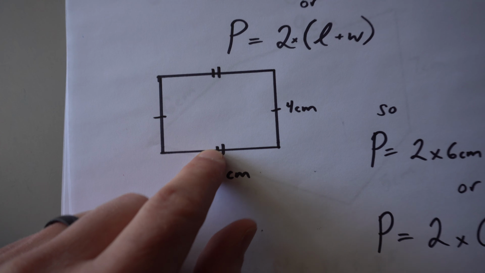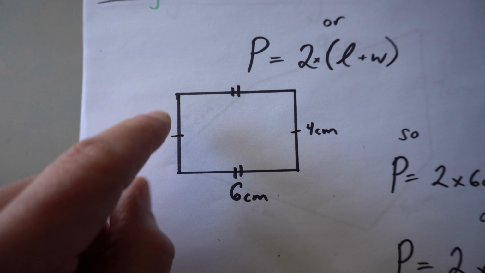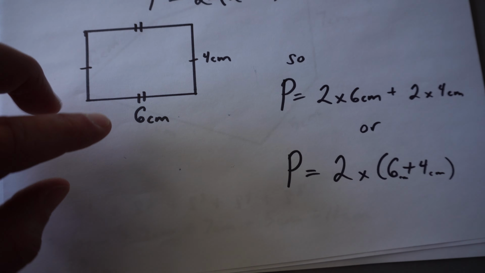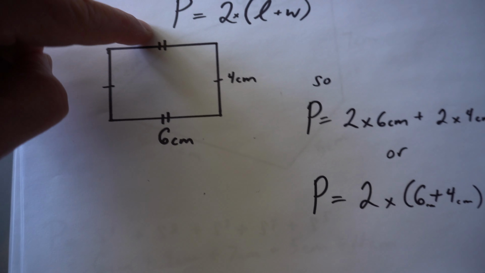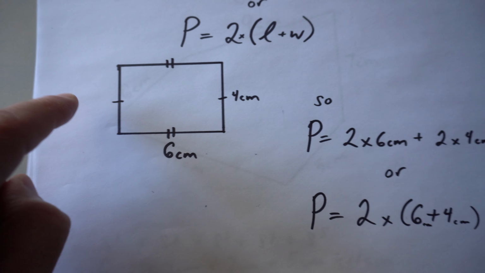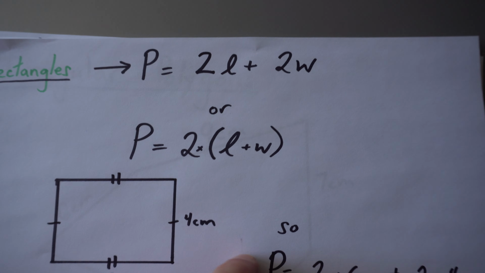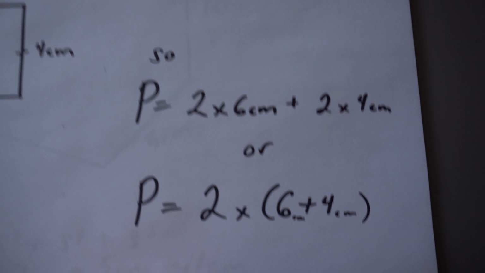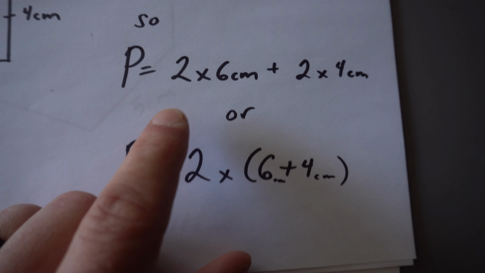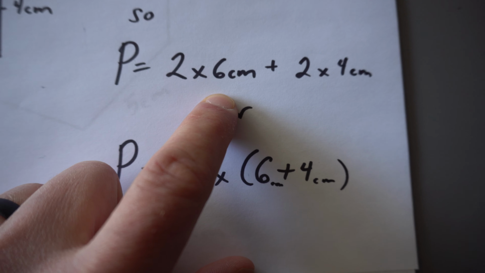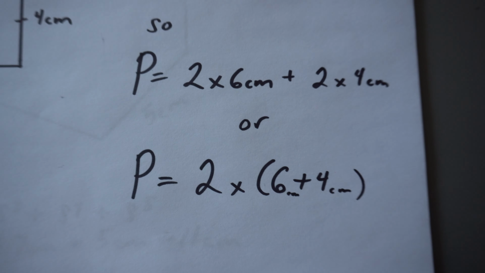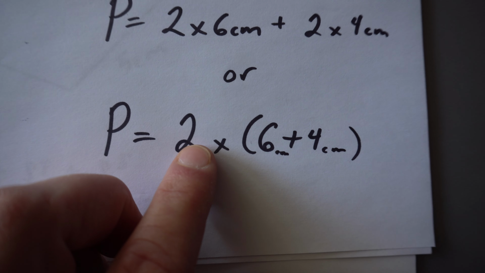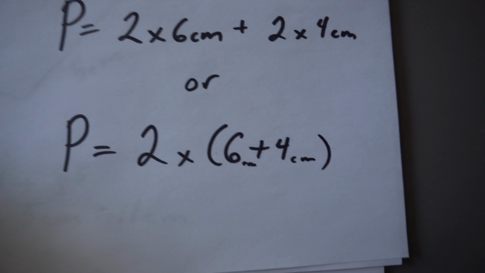Instead of having to go 6 plus 4 plus 6 plus 4, we can basically remember that if this is 6, this is 6. And if this is 4, this is 4. So we can use those two formulas. So in this case, we would say 2 times 6 plus 2 times 4, or 2 times 6 plus 4.